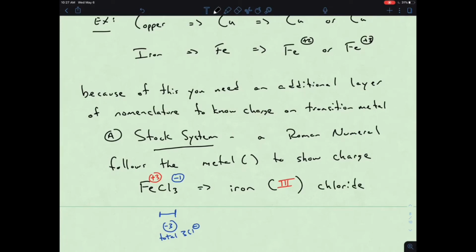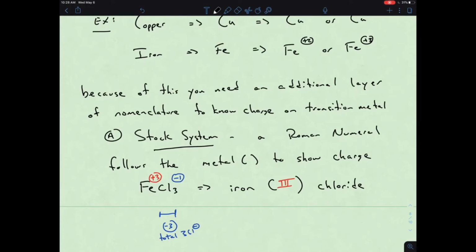So that's how we have to designate, with these metals that aren't definitive. If it was group 1A, 2A, or 3A, well, that would be fine because they have a definite charge. But the transition metals are finicky. They have multiple oxidation states, meaning they can reach multiple different types of positive charge.